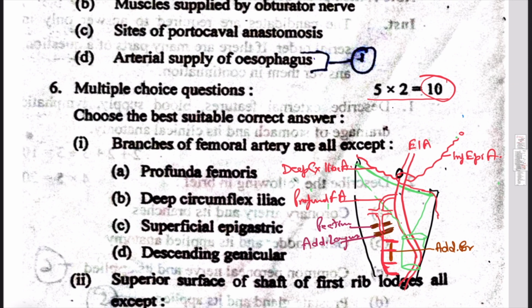So that was about this profunda femoral artery. Now we're back to femoral artery. So femoral artery, we were talking about the branches. One you have seen, the largest and longest branch, profunda femoral artery. Now there will be branches from this artery which come out through this opening.